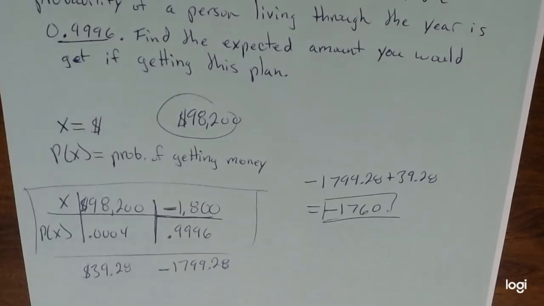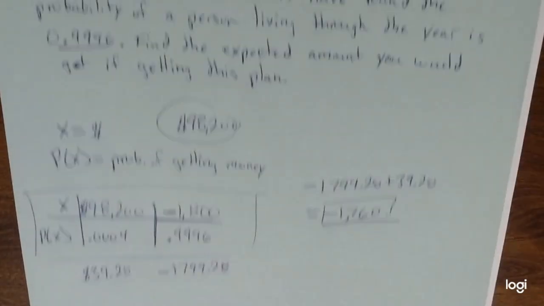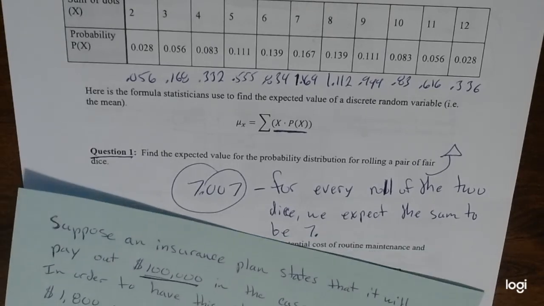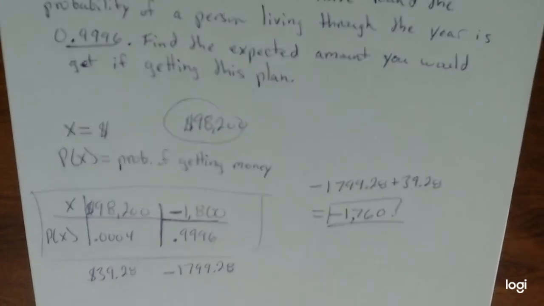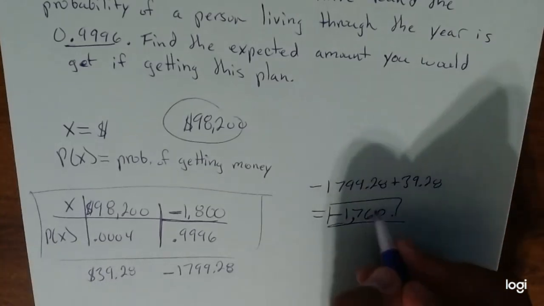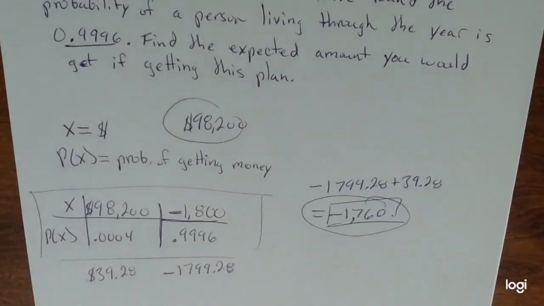Now, what does that actually mean? Well, let's think about this. This is saying on average what you get. In here, on average, you'll be losing money because it's in the negatives. Remember, plus is positive, negative is negative. So essentially, on average, every year, you'll be losing $1,760, every year of your life.